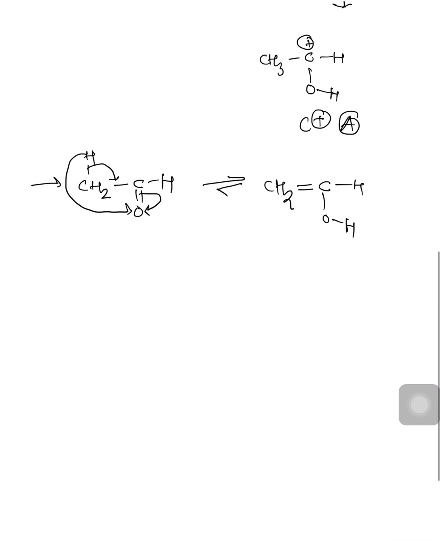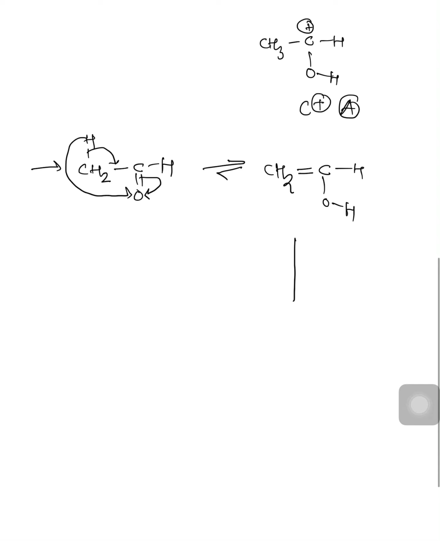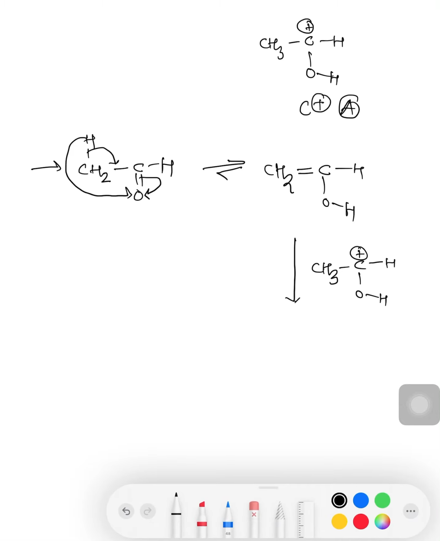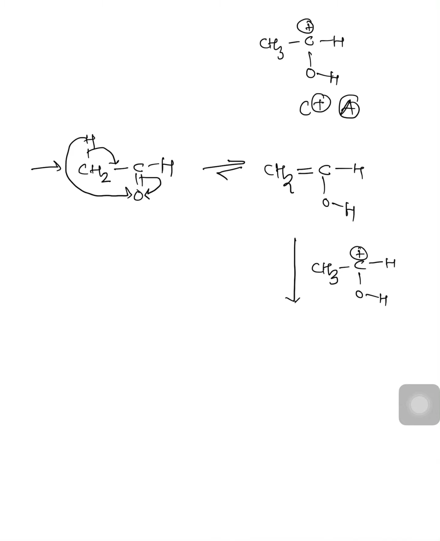Now this enol form will attack our carbocation A, which we have written above. So here was a plus charge. This is the OH group. Now how will the attack be favorable? So again the enol form rearranges to form a ketone form. There will be attack onto the positively charged species.